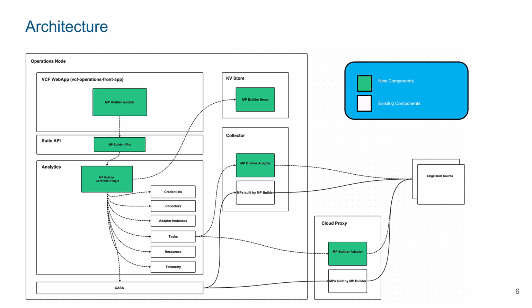We have the front end app that most of the new components in VCF operations are using, and the APIs are just extended onto the developer section of the Suite API. We also have a backend controller plugin following the same pattern as the other functions within VCF operations. And we're storing our data in the existing KV store, and we have a new management pack builder adapter that actually runs the requests.